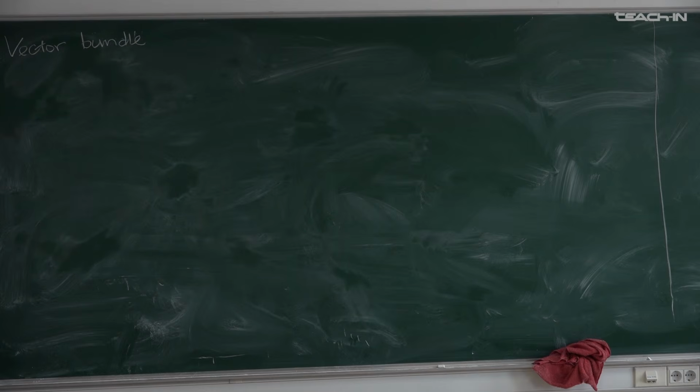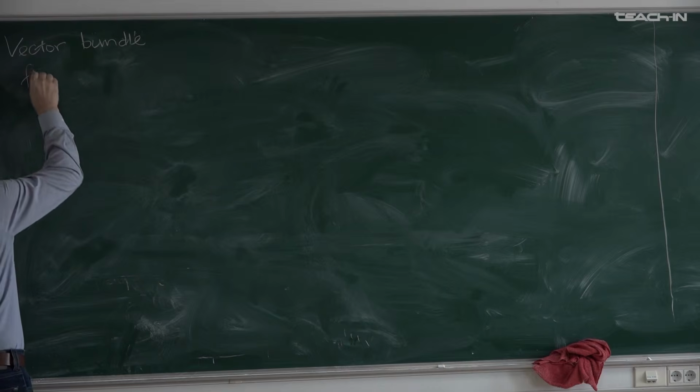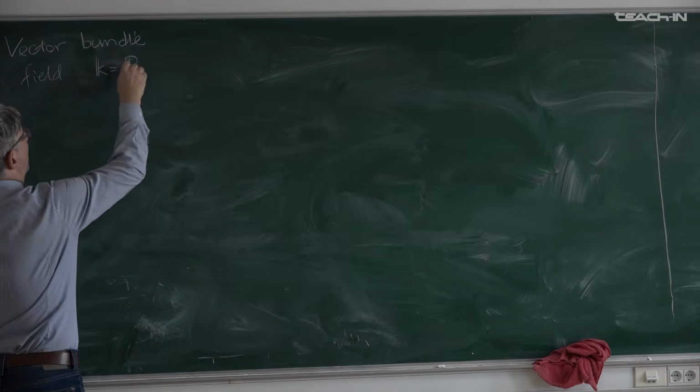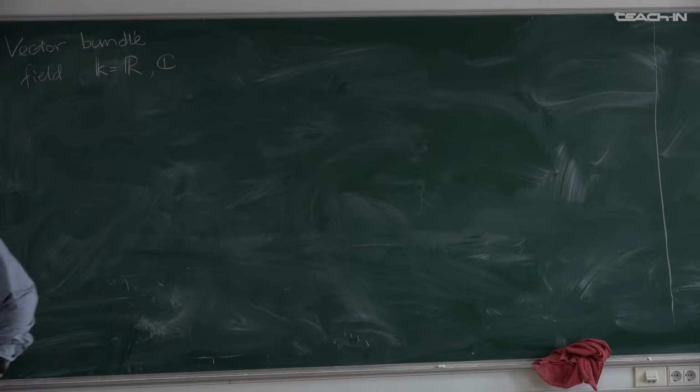Okay, so what do we have? Let us fix a field, either real numbers or complex numbers, because we have two classes of vector bundles: real vector bundles and complex vector bundles. Everything I will tell you will be valid for both types of fields. Okay, so we fix a field.